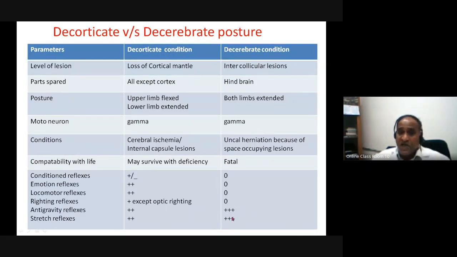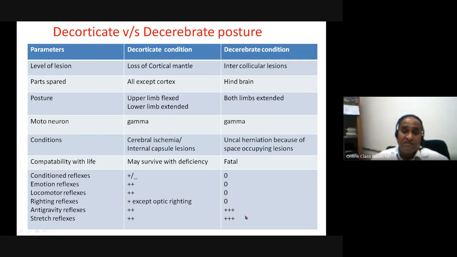For that reason, I have given 3+ for the decerebrate condition and 2+ for the decorticate condition. The stretch reflexes are exaggerated in both, but 3+ here and 2+ here. The tone is increased, 2+ and 3+.